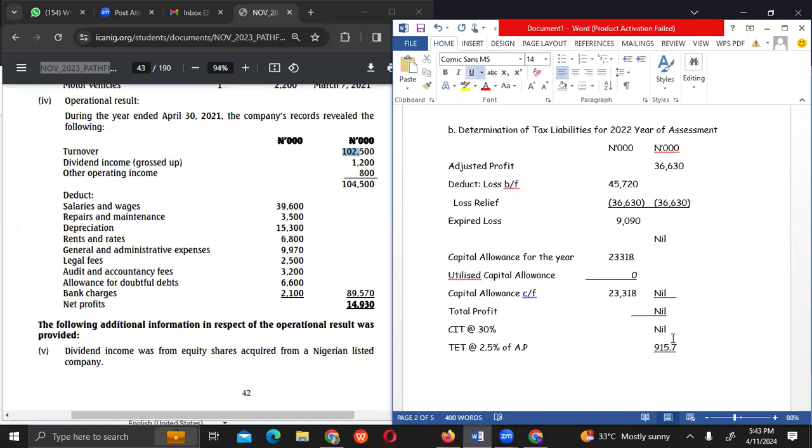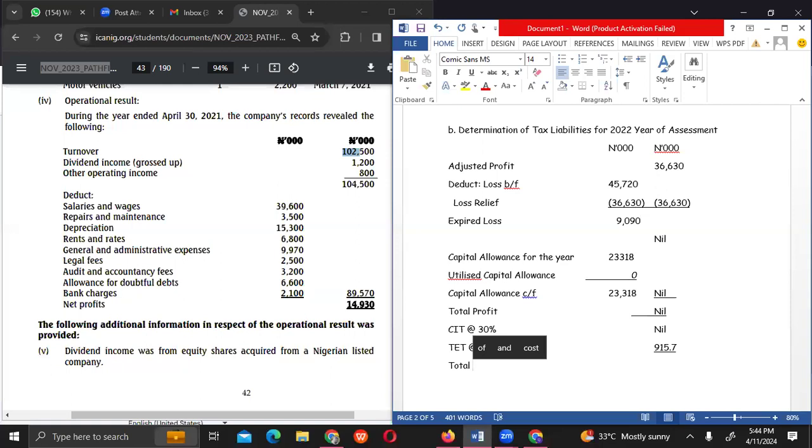So are we not going to calculate minimum tax? Companies in the first four years of commencement do not pay minimum tax. Okay, since it's still a pioneer company, we assume that they are just starting operation.